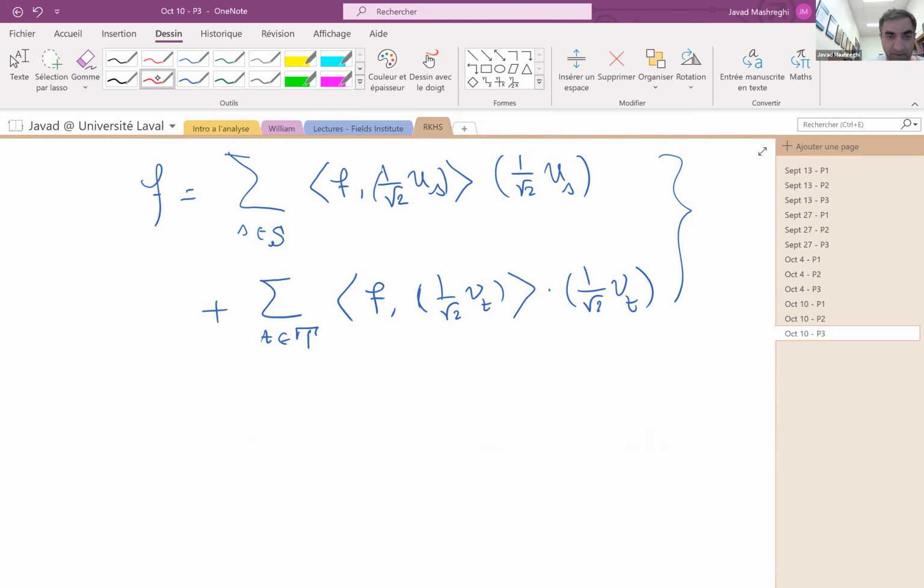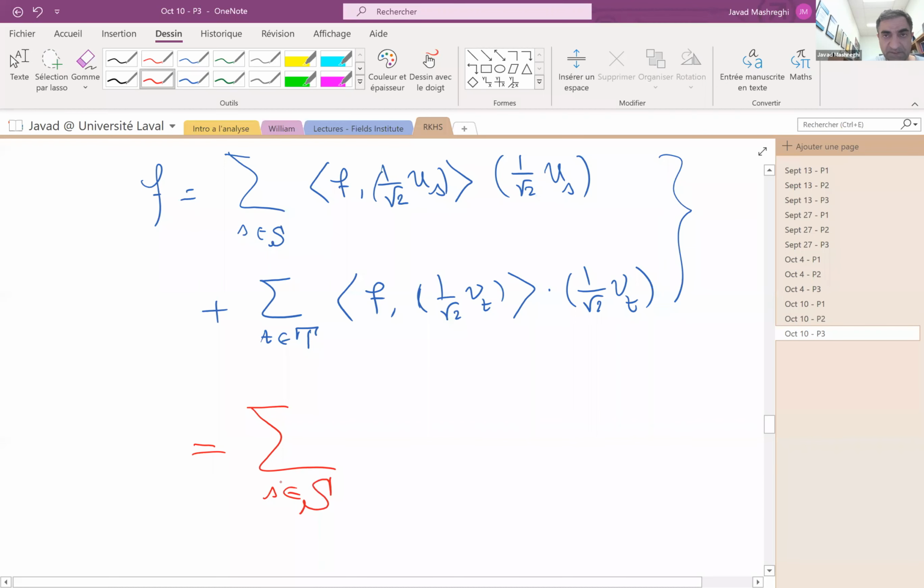then at the same time, I can write this as equal to the sum over S of U_S times 1 over root 2. That's our basic element.